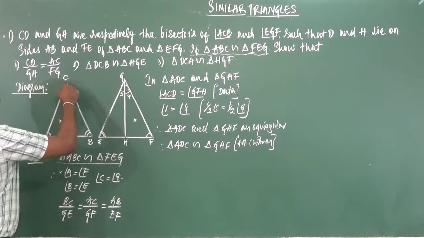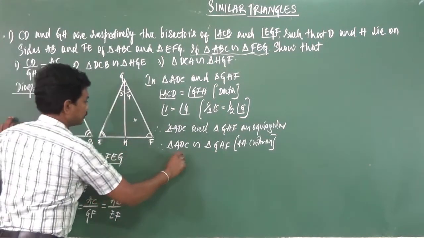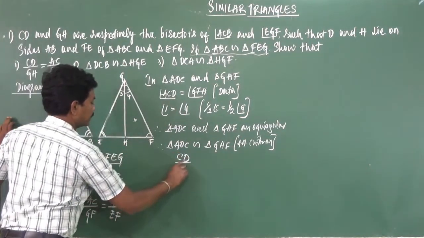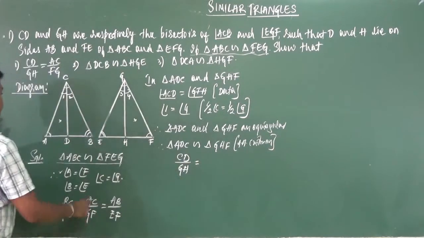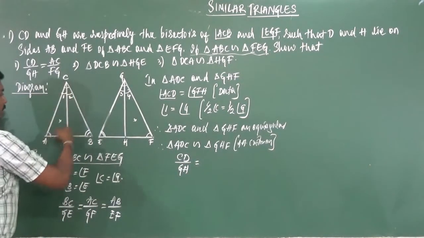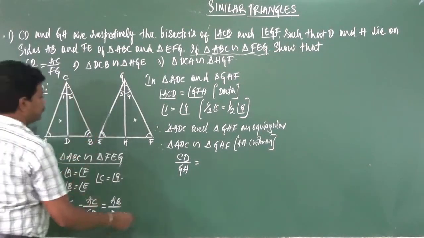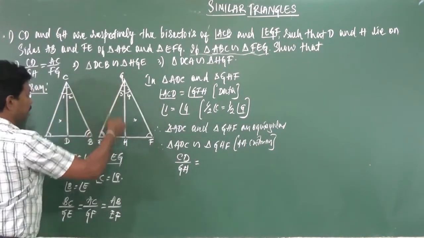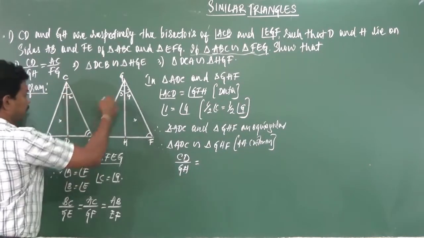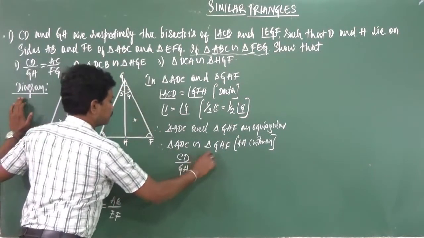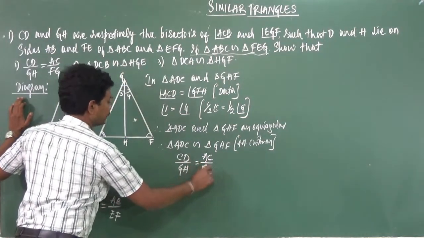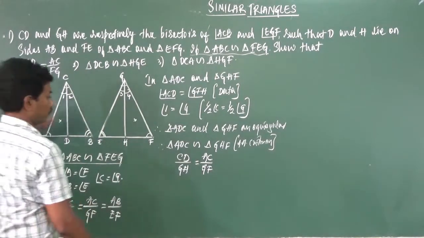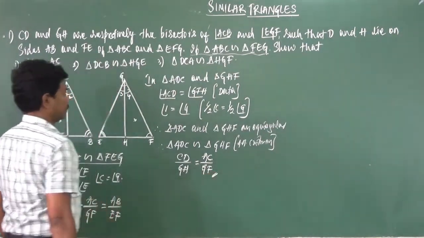That is, CD by GH is equal to AC by GF. So that is what we had to prove in the first part of the problem, right?